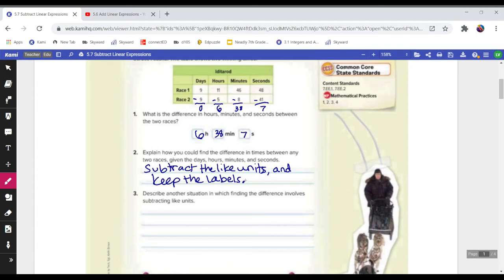Number 3, describe another situation in which finding the difference involves subtracting like terms. So I have some examples. Your example might be different than mine.